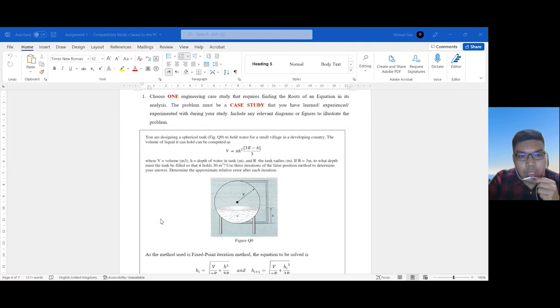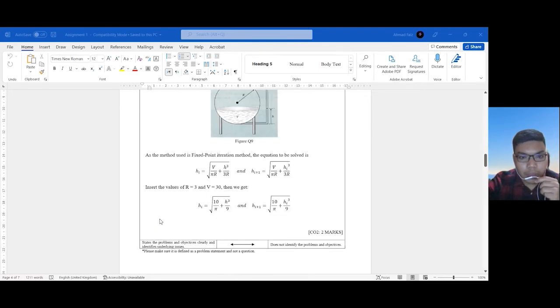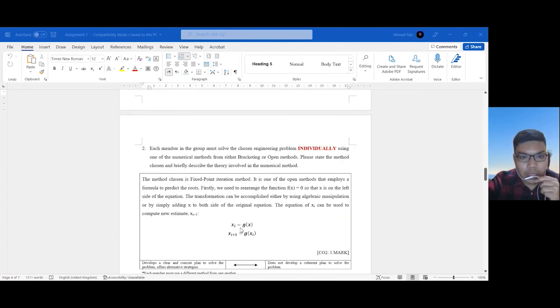Since I use the fixed point iteration method, we need to have an initial guess, which is x0 or xi, and we need to find the root, which is xi plus 1. The xi and xi plus 1 values can be obtained by using this equation.